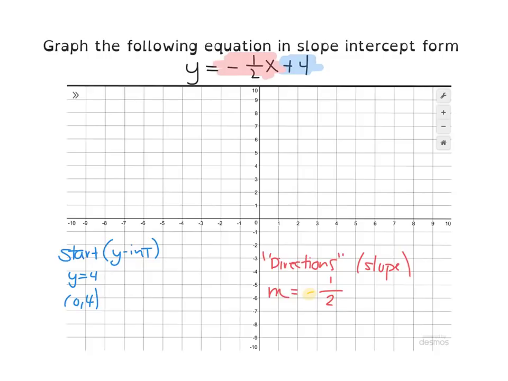So we could see it as -1/2. Or we could see it as 1/-2. No matter which way we see it, we'll always have enough to make a graph, as long as we remember it's the rise over the run. So to make our graph here, we have to start at our starting point of (0, 4).